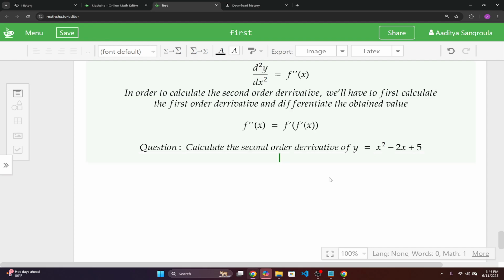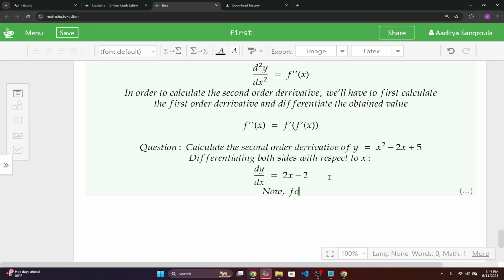So the first order derivative, dy over dx, is equal to, okay, let me directly write it, 2x minus 2.